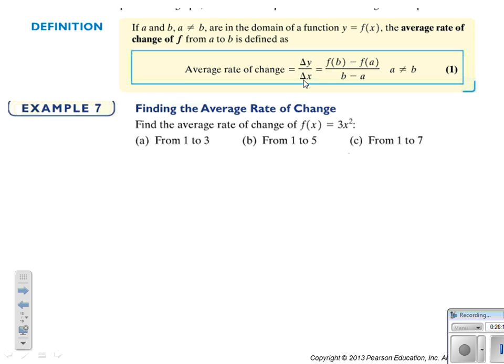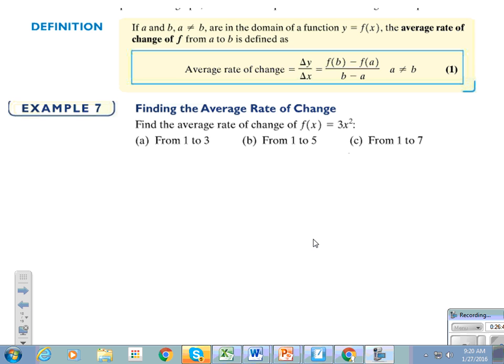When you see a triangle, whether it's in science or math, that is the Greek letter delta, and it means change. So the change in y is our function when we have b input into it, minus our function when we have a input into it, and our change in x is b minus a, as long as a and b are not equal to each other.